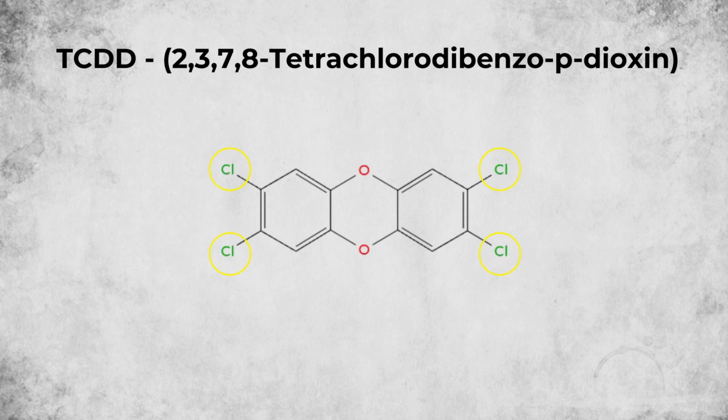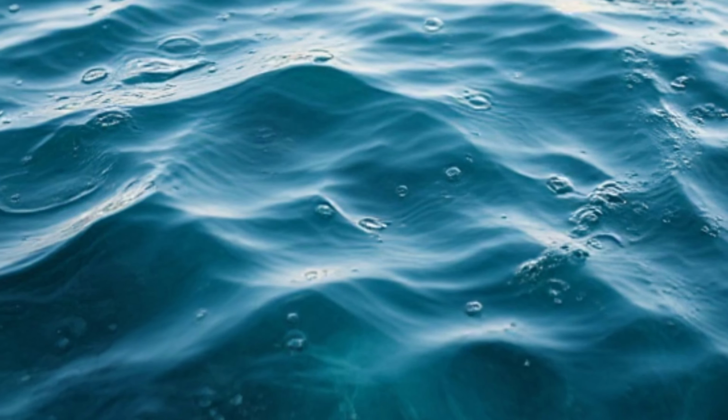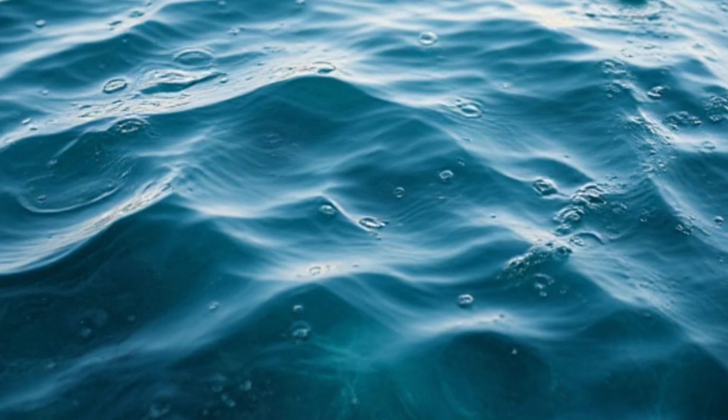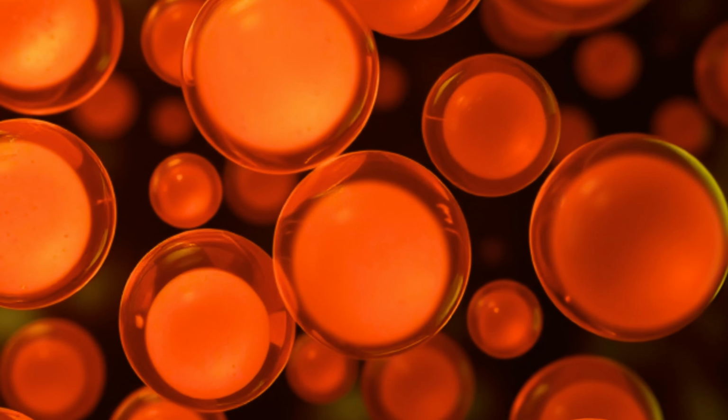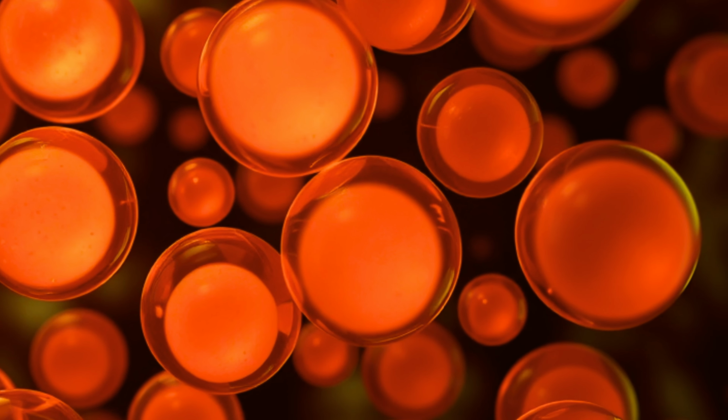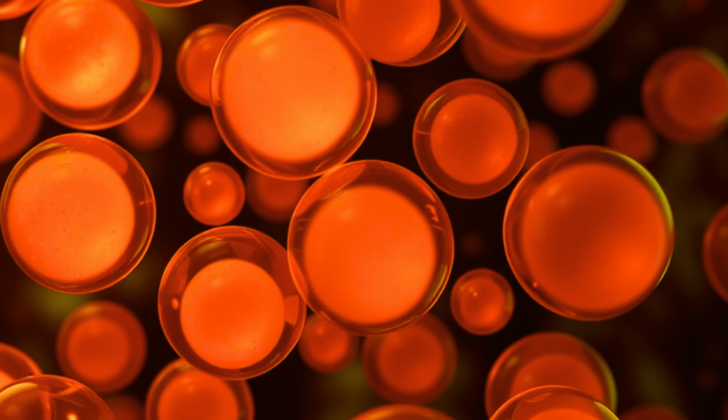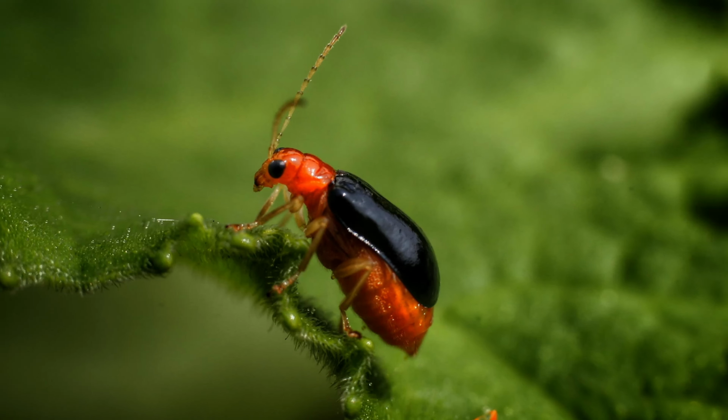This structure makes TCDD extremely resistant to degradation. It does not dissolve easily in water, but rather binds to organic material and accumulates in fatty tissues. Once released into the environment, TCDD can persist for decades, contaminating soil, water, and living organisms.